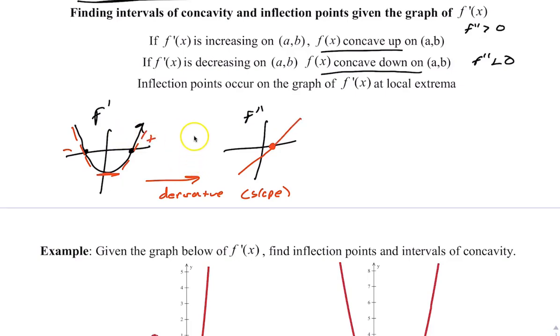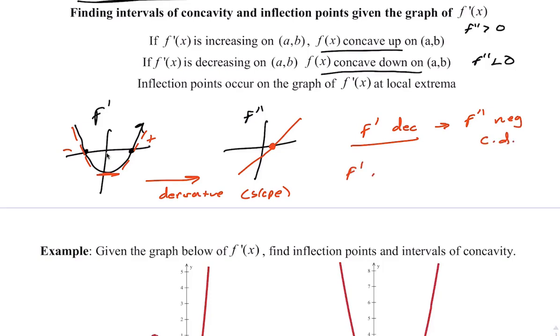When our derivative has negative slopes, another name for that is decreasing. When something's decreasing, that means its derivative is negative. So when the first derivative is decreasing, the second derivative is negative, which means it's concave down.